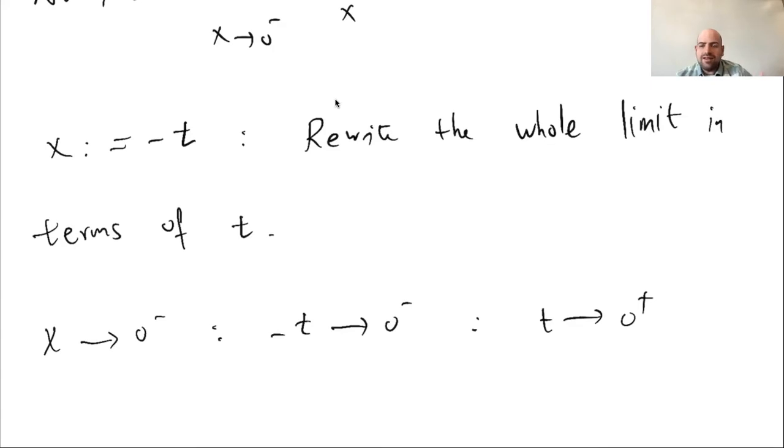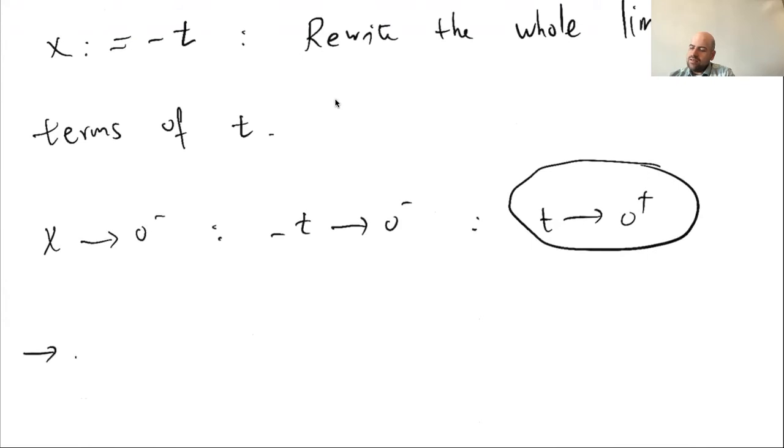If you want minus t to be a little bit less than 0, t itself must be a little bit bigger than 0, right? If t is a little bit bigger than 0, like 0.1 or 0.01, then minus t will be a little bit less than 0, like minus 0.1 or minus 0.01, and so on. So t approaches 0 from right.